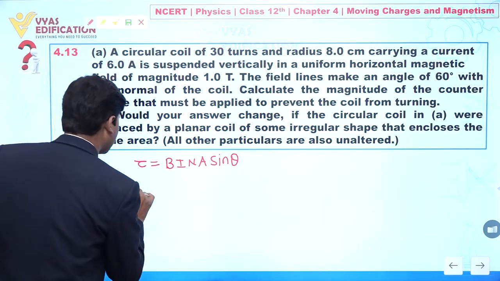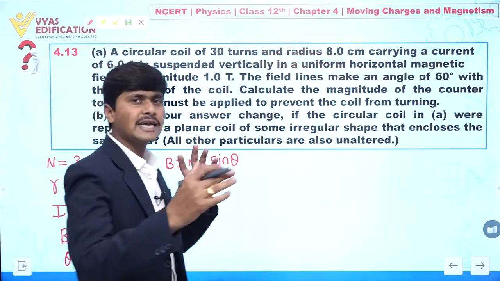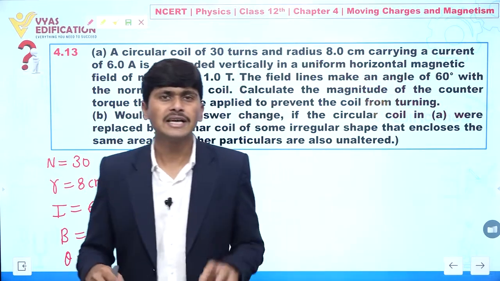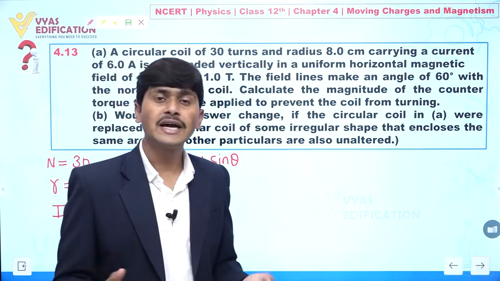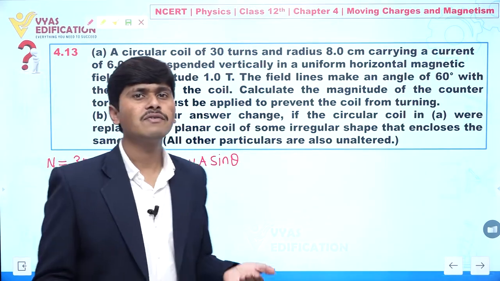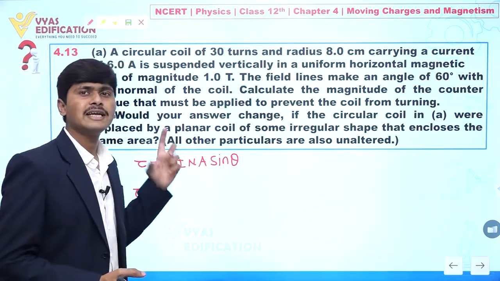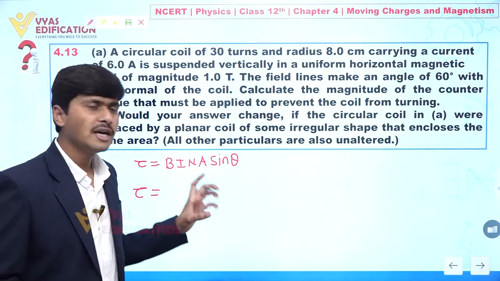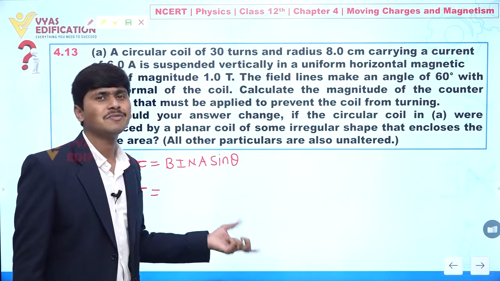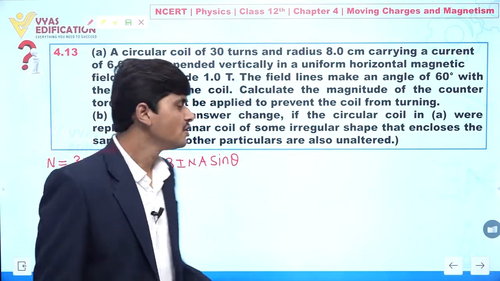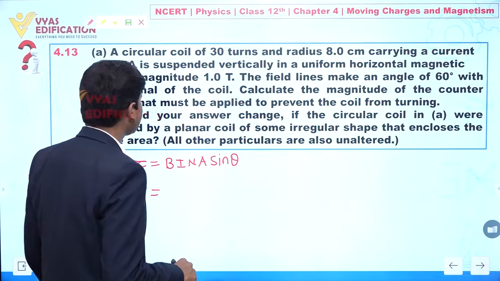This torque will try to rotate the coil, but we have to find the counter torque to keep the coil in a stable position. The counter torque has the same magnitude but opposite direction, so its value is NIAB sine theta.